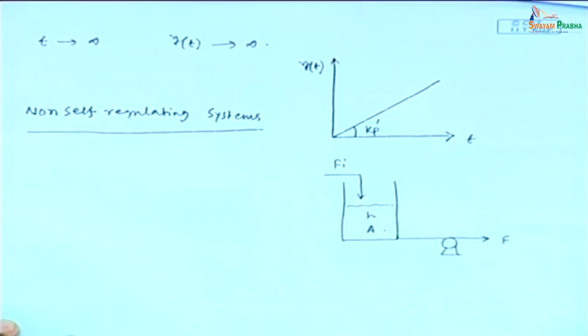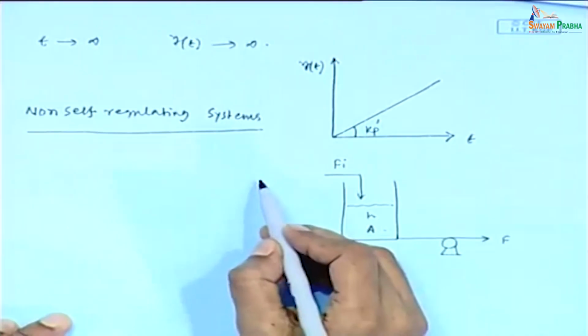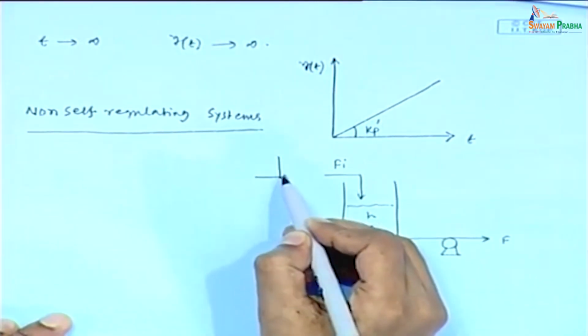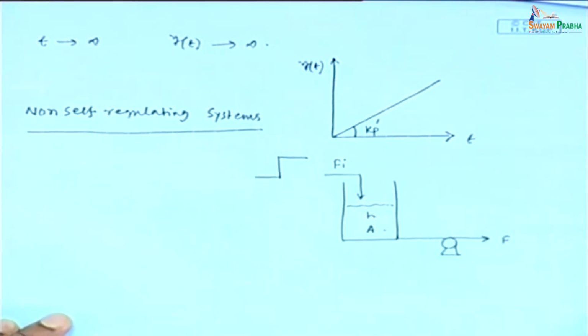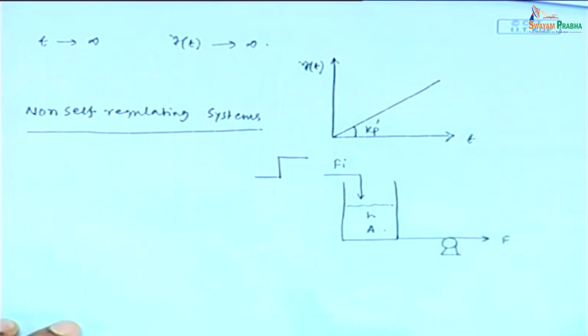Now, we are introducing a unit step change in F I. Then what happens? The height increases because this pump is delivering constant output. So, height gradually increases with time.